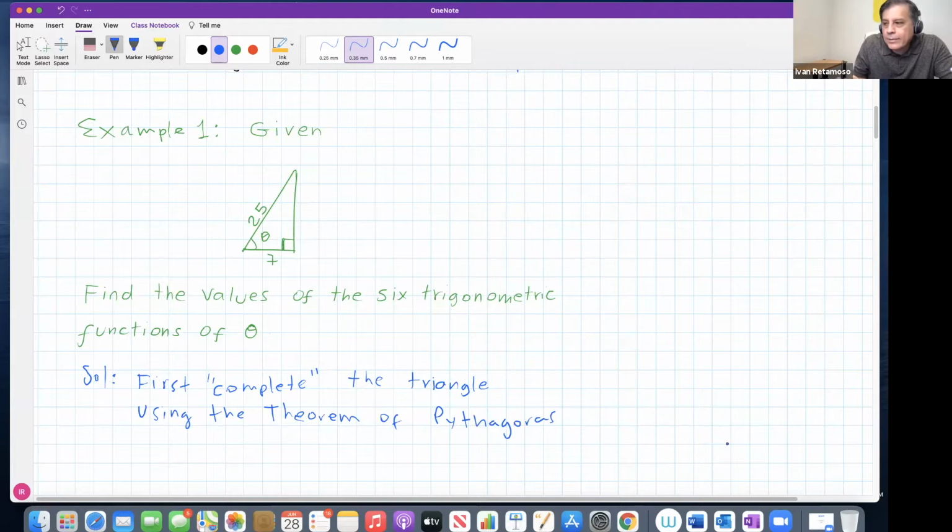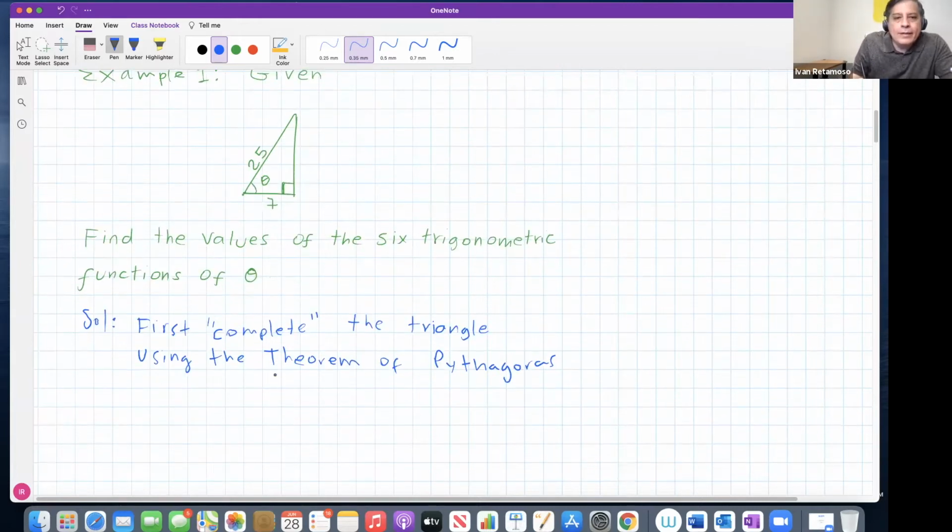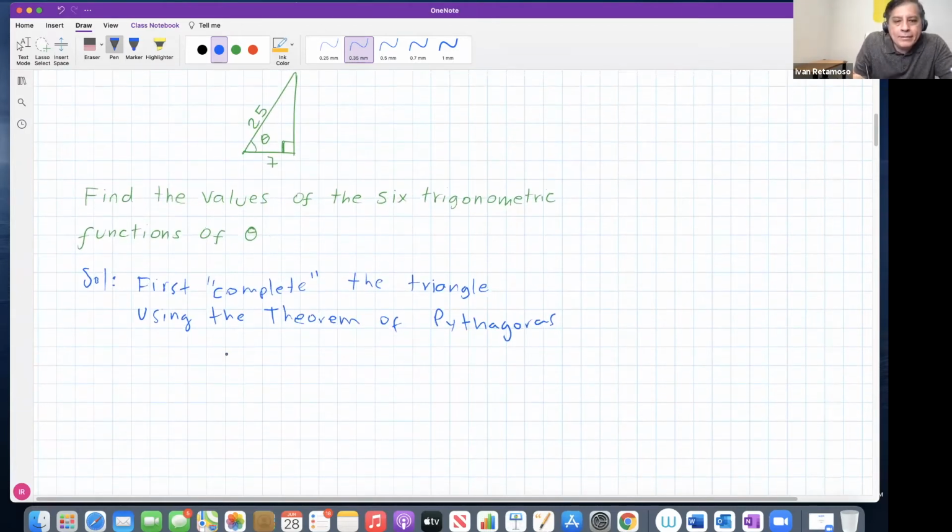All right, let's do it together. So we have this guy is 25 in length, right? And this one is 7. We don't have this length, but let's call it a, small a. Use the theorem of Pythagoras, which says that the sum of the squares of the legs equals the square of the hypotenuse, right?